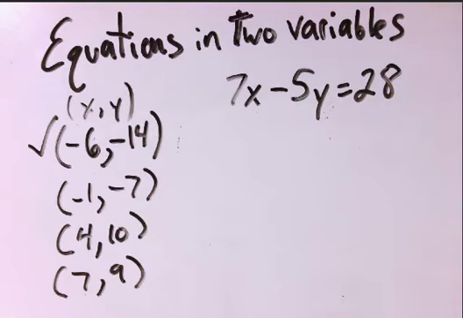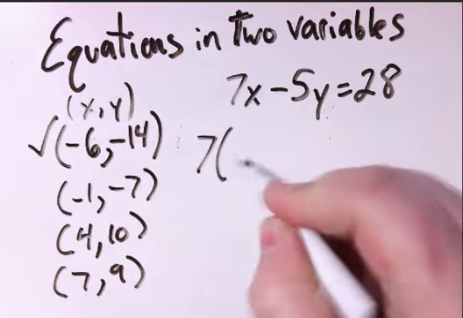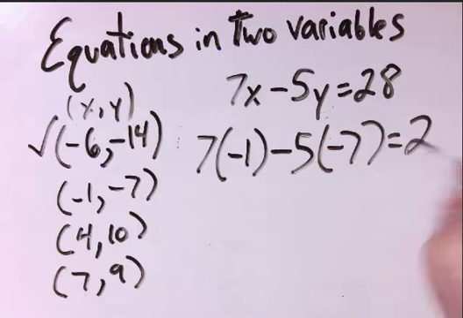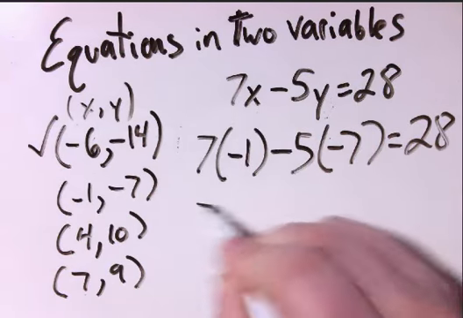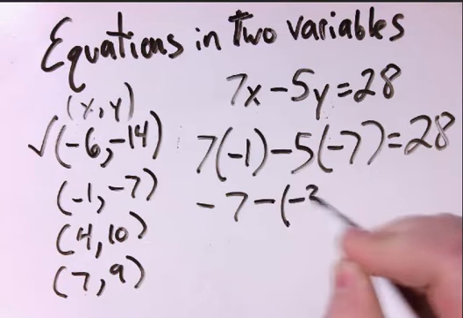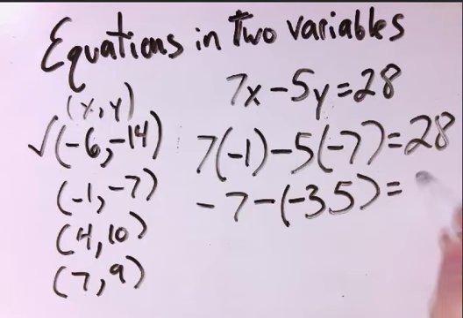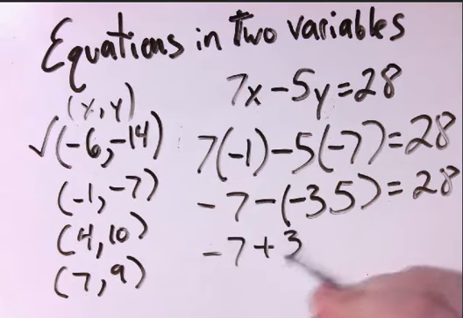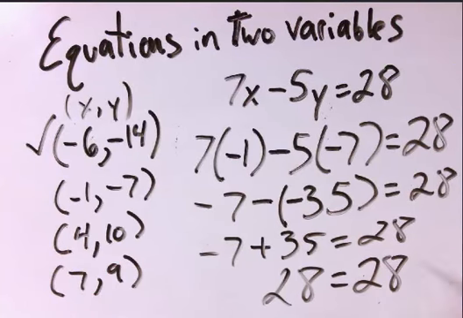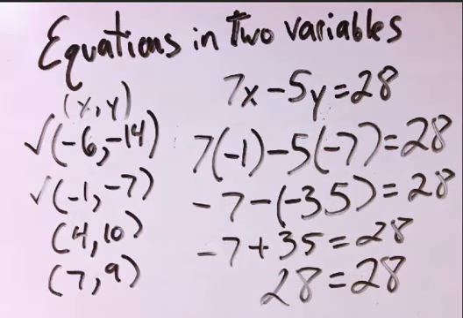So now if we plug in the second pair, once again we get that 28 does equal 28, so we know that that ordered pair works.